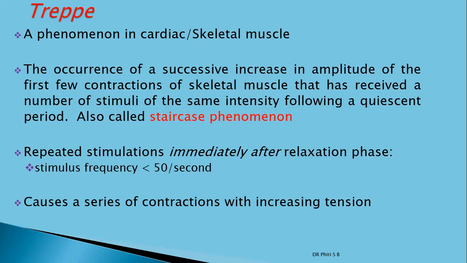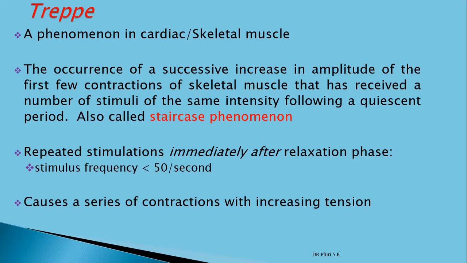So the first stimulation won't bring about a stronger contraction as compared to the second one. For the second one, there'll be some residue of calcium that will remain in the sarcoplasm. So if there is some residue of calcium remaining in the sarcoplasm, then I stimulate this muscle to contract. That stimulation will cause more calcium to move from the sarcoplasmic reticulum. The concentration will be more as compared to the previous one.